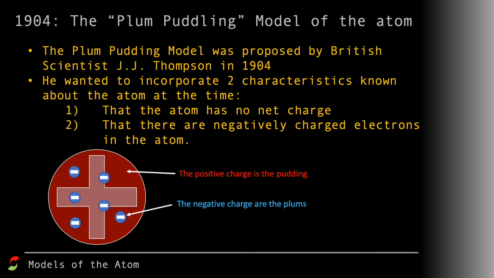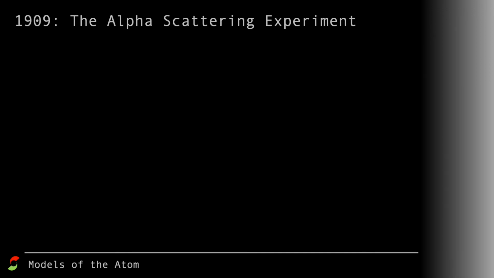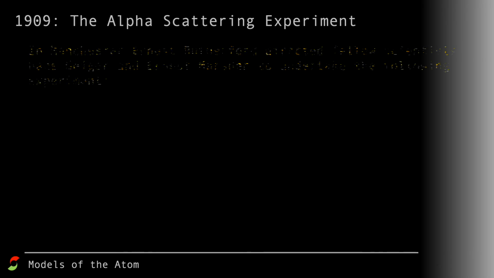These were thought of as the plums in the pudding. Don't forget that in a neutral atom, there is the same amount of positive and negative charge. That was accepted from 1904 to 1909, when the alpha scattering experiment took place in Manchester.